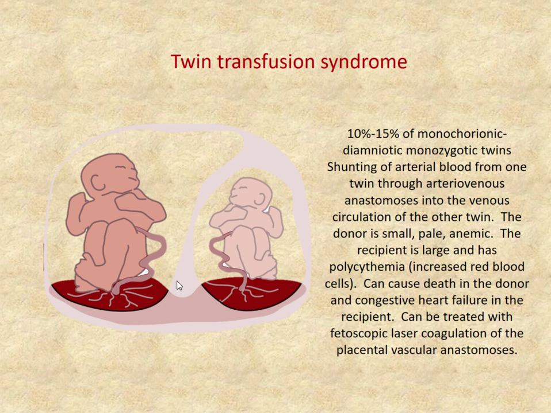The one missing out on its blood supply, literally given away to the other baby, ends up small, pale and anemic. The baby getting too much blood ends up with too many blood cells and can have congestive heart failure. You can treat this if you catch it early, but it can also have serious implications.